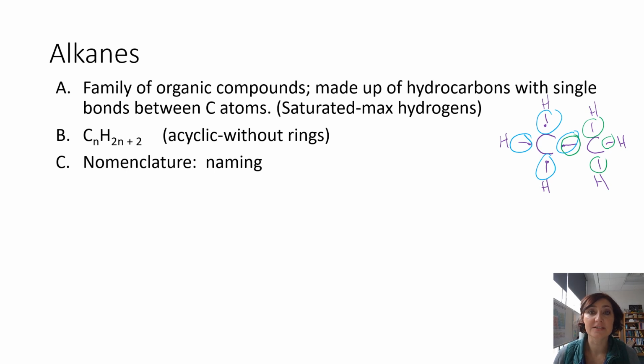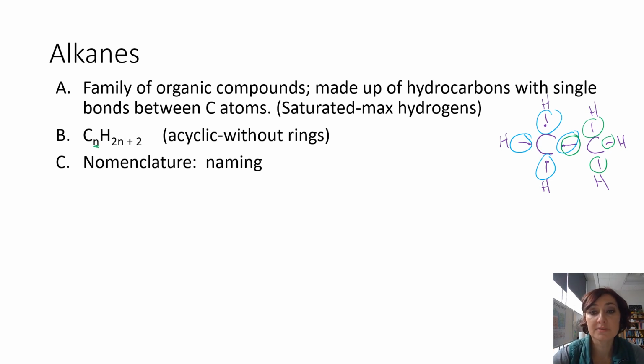So again, the defining characteristic is that you have only carbons and hydrogens, and you have only single bonds. Our generic formula for this is only carbons and hydrogens, and the subscript will be a number of carbons. So in this particular example, let's fill in some numbers.